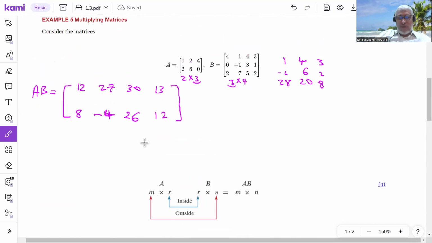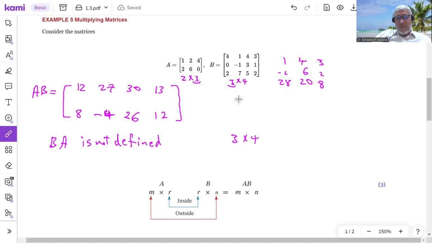Of course, notice that BA is not defined. So I cannot multiply B times A. Why? Because I have 3 by 4.